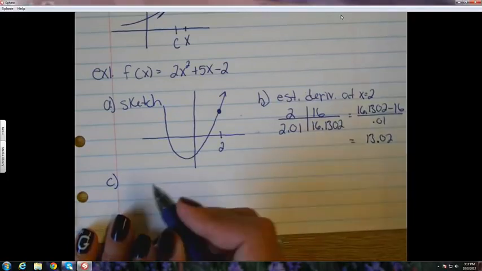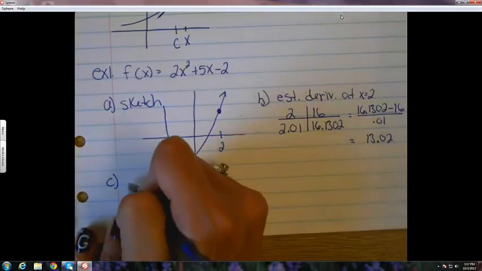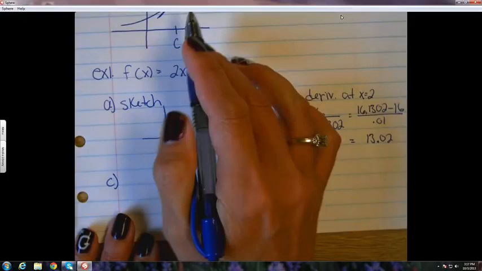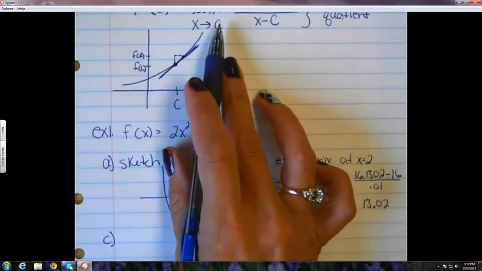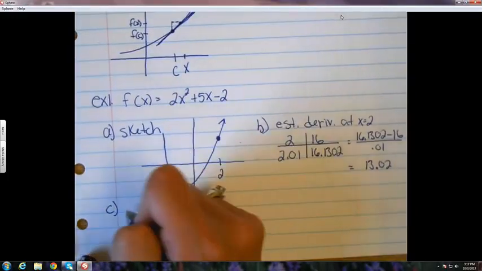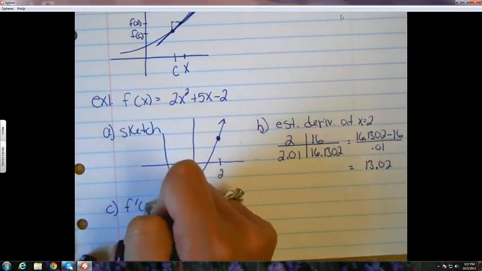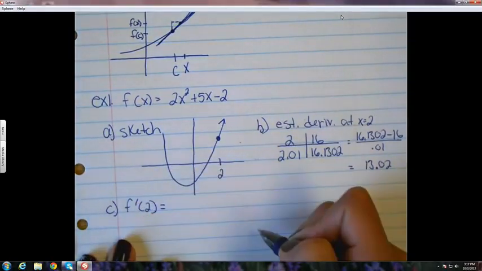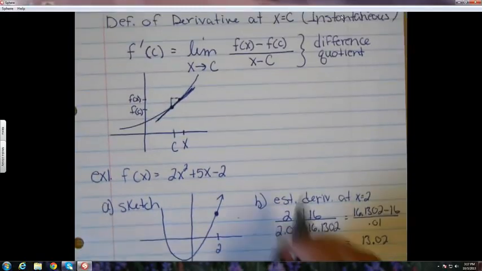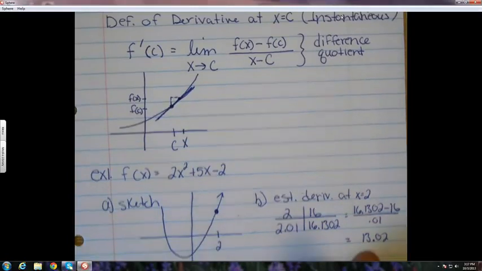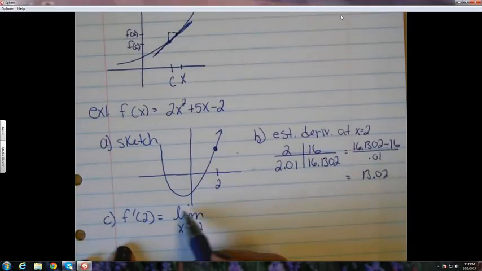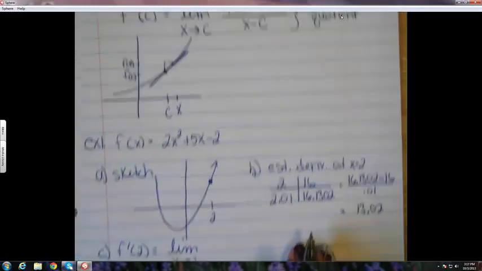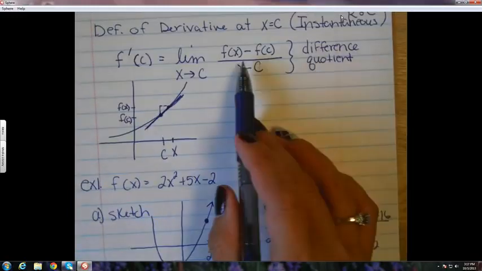Okay, now we will find the instantaneous rate of change using the definition of derivative that we had up here. So we're going to find f prime at 2. That means the derivative at 2 is, and I'm just going to use this definition from up here, the limit as x approaches 2 of, the definition says take f of x.